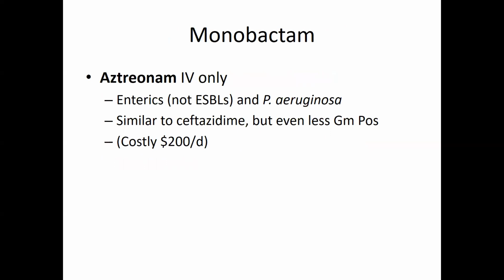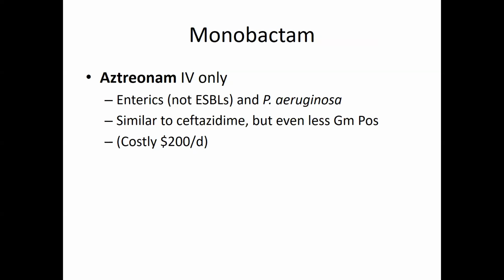And then the last beta-lactam is really a variation called a monobactam, aztreonam. It's IV only. It's good for enterics and Pseudomonas, but it's essentially the same as ceftazidime, and ESBLs will break that down as well as aztreonam. So think of it like ceftazidime.